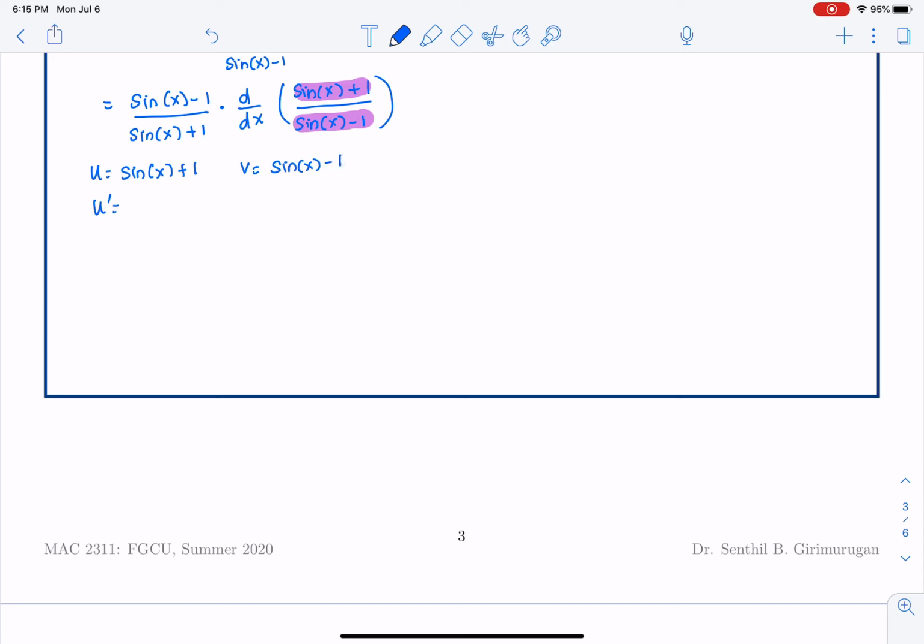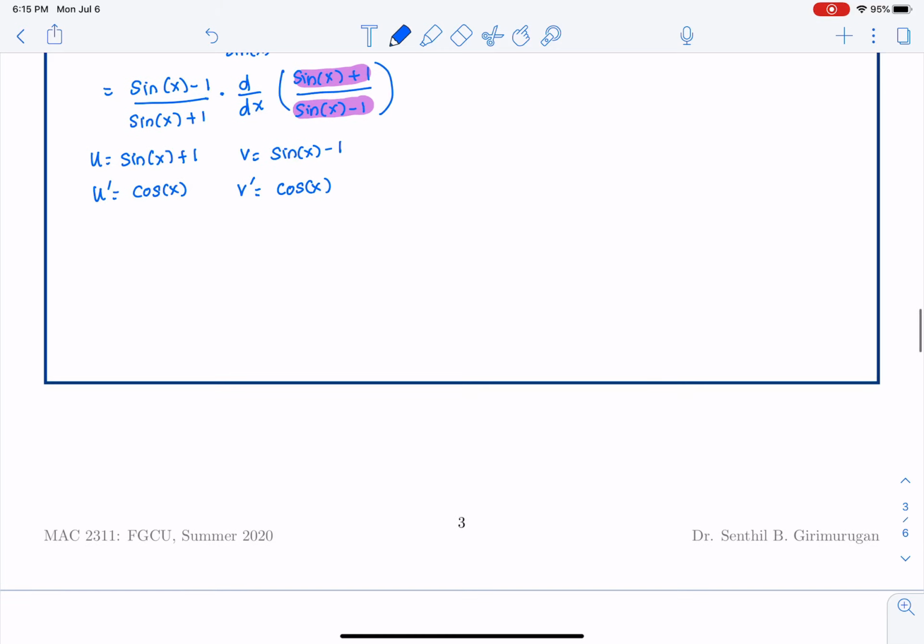U prime is cosine x plus 0, which is cosine x. V prime, the derivative of sine x minus 1, is cosine x. Derivative of negative 1 is 0. If I use quotient rule, I would get v u prime minus u v prime divided by v squared.